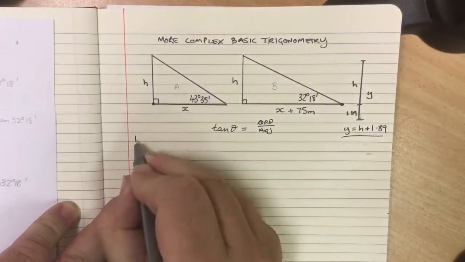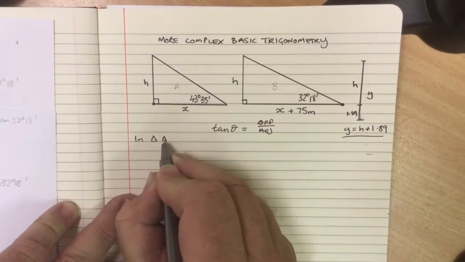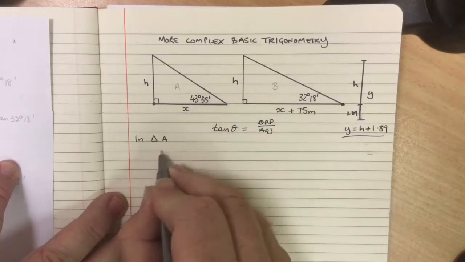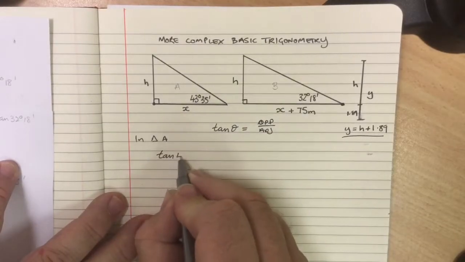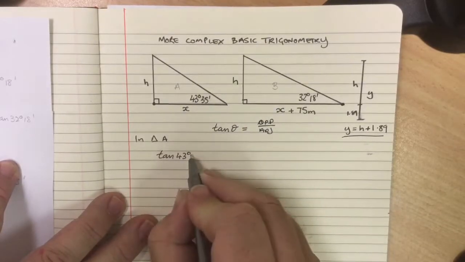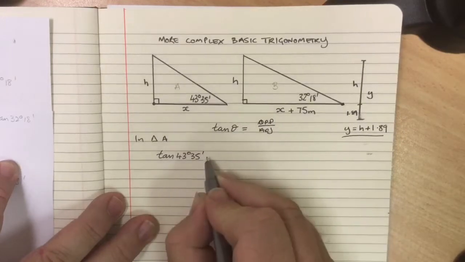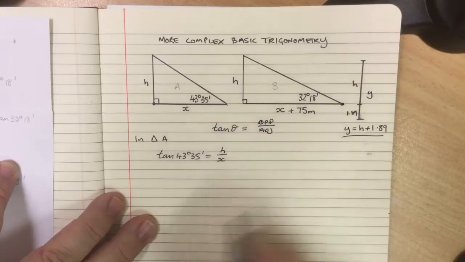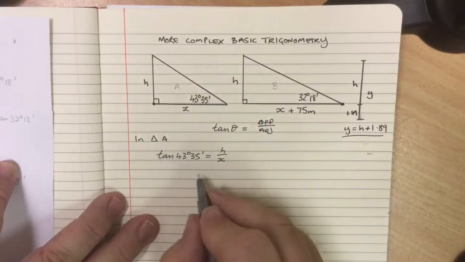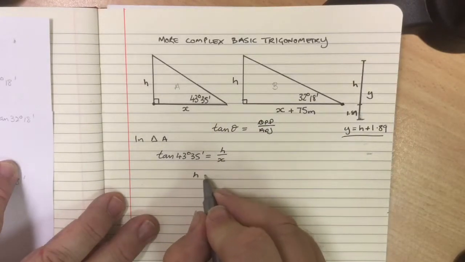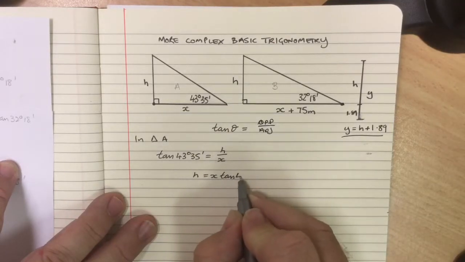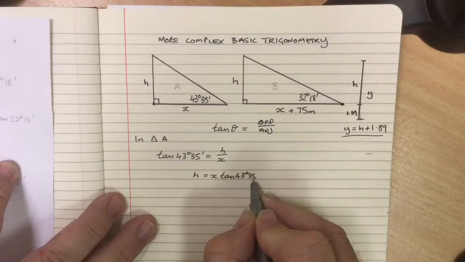Let's say in triangle A, substituting values, tan of 43 degrees 35 minutes is equal to the opposite, which is h, over x. I need an expression for h, so therefore h is equal to x times the tangent of 43 degrees 35 minutes.